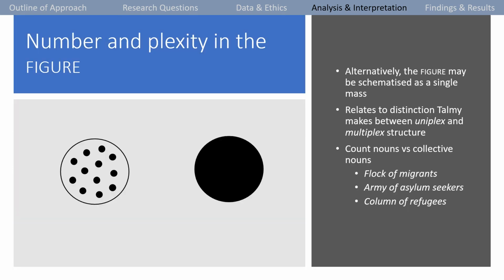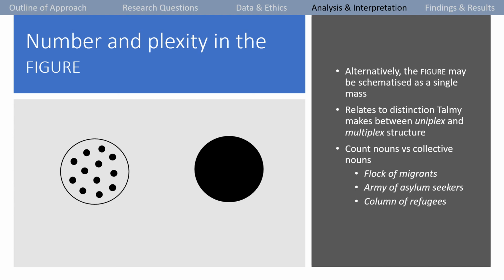Rather than a large number of individual entities, the figure may alternatively be schematized as a single mass. Conceptually, this relates to a distinction Talmy makes between uniplex and multiplex structure. For example, in their plural form, count nouns like migrants encode multiplex structures, construing a group of individual entities as individuals, albeit lumped together under a single social category.